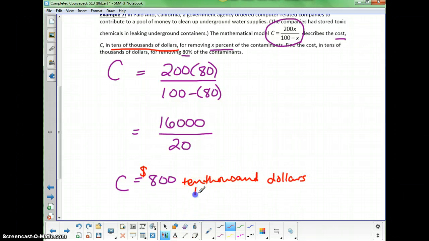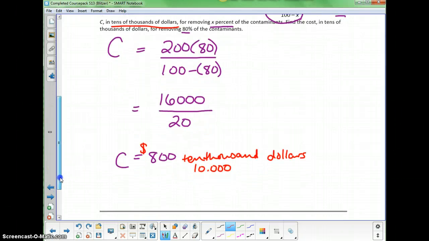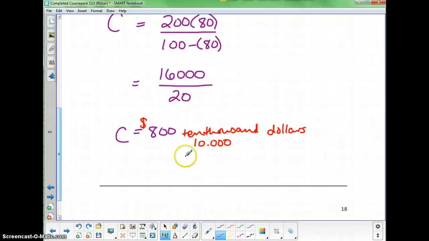The units tens of thousands of dollars are $10,000. So my final answer, if I wanted to write it all the way out, it would be 2 zeros from the 8, and another 4 from $10,000 would be $8 million.